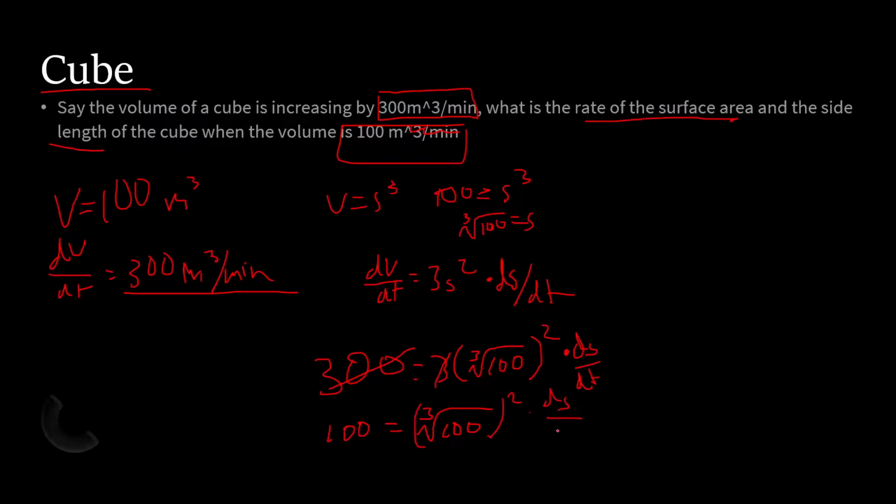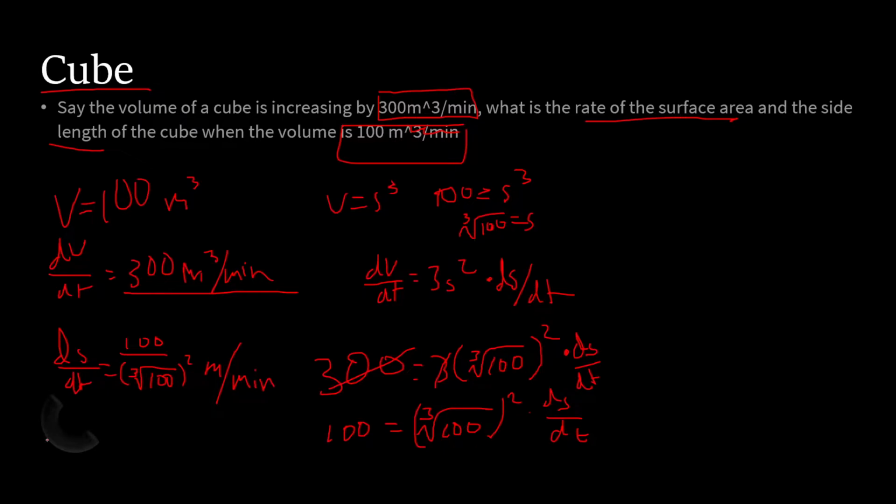So ds is the rate of change of the side length. So that's going to equal 100 over the cube root of 100 squared meters per minute.